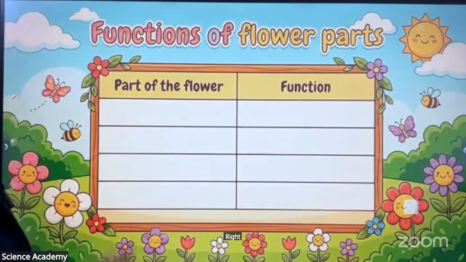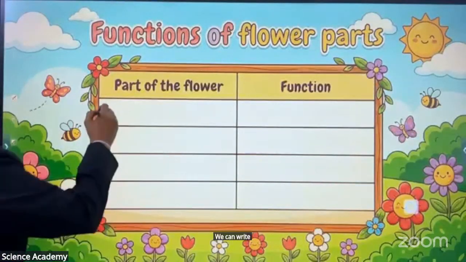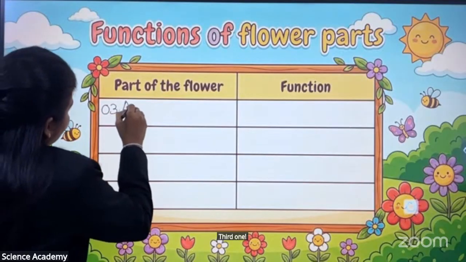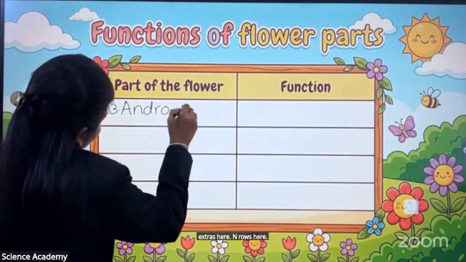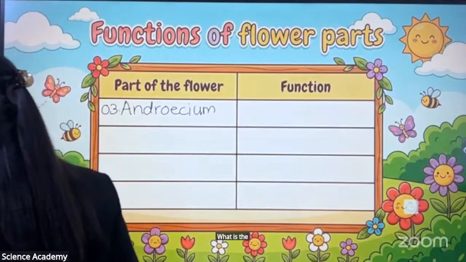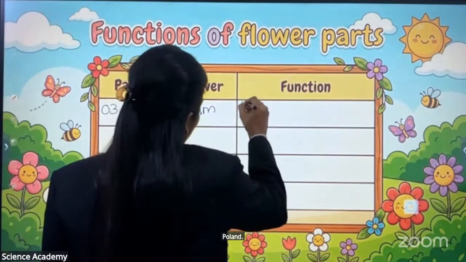Right. So here, children, what are the other parts? We can write quickly. Third one, androecium. What is the function? Production of pollen.